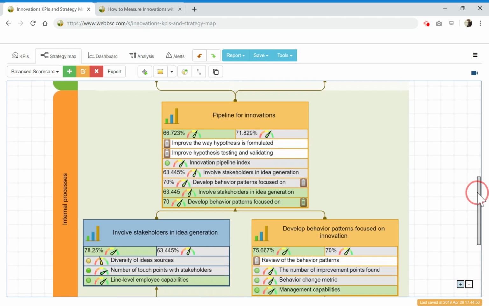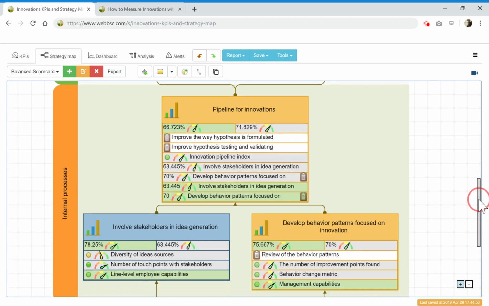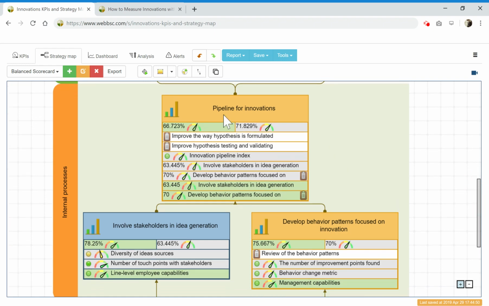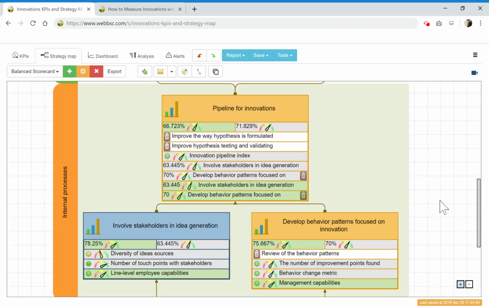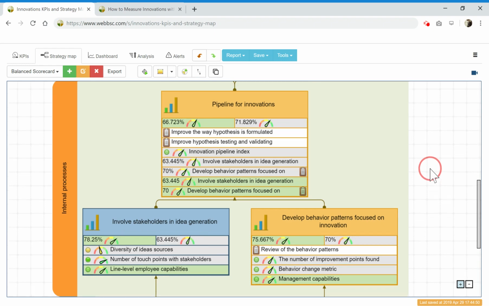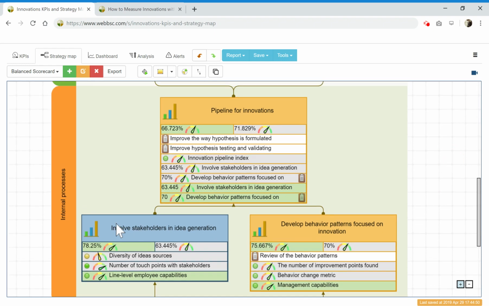Okay, moving to the internal processes perspective. Here we have a pipeline for innovation goal, working on this, and to make this goal happen, we have two sub goals. So let's talk about different ways to quantify on this.